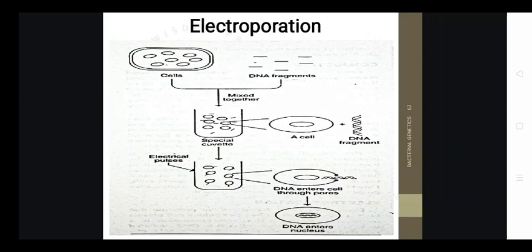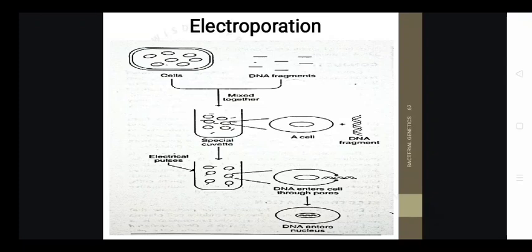We have to take the cells and the DNA fragment which has to be transferred to the cell in a vessel in which we are mixing them. In this pictorial representation of electroporation, the cell to which the DNA has to be transferred, as well as the DNA fragment, are mixed in a solution or in special cuvettes in which we keep the optimum temperature, and we give electric pulses.